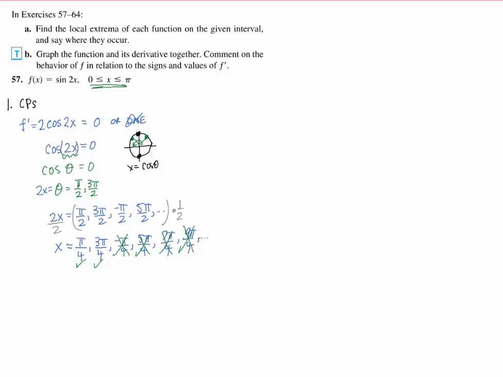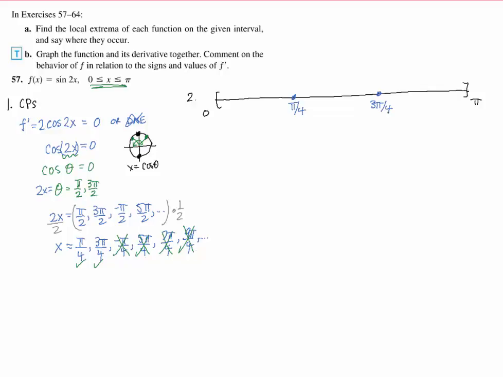Now those guys are critical points of the function, so remember the second step was to divide the interval, and this interval is just 0 to pi, up by these critical points of the first derivative. So those critical points are pi over 4 and 3 pi over 4.